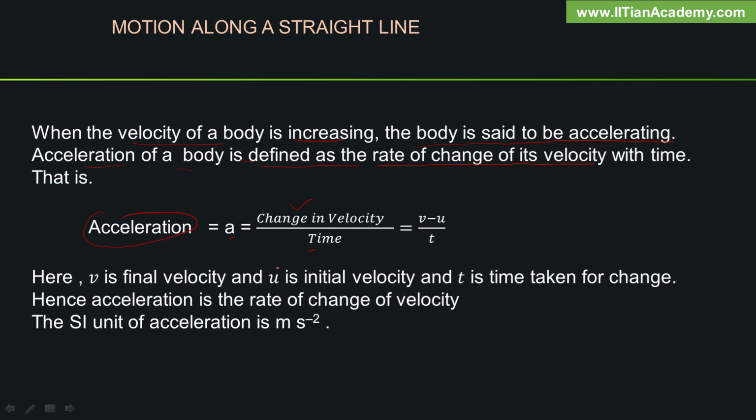It is v minus u divided by t, where v is final velocity and u is initial velocity and t is time taken for change. Hence, acceleration is the rate of change of velocity. The SI unit of acceleration is meter per second square.